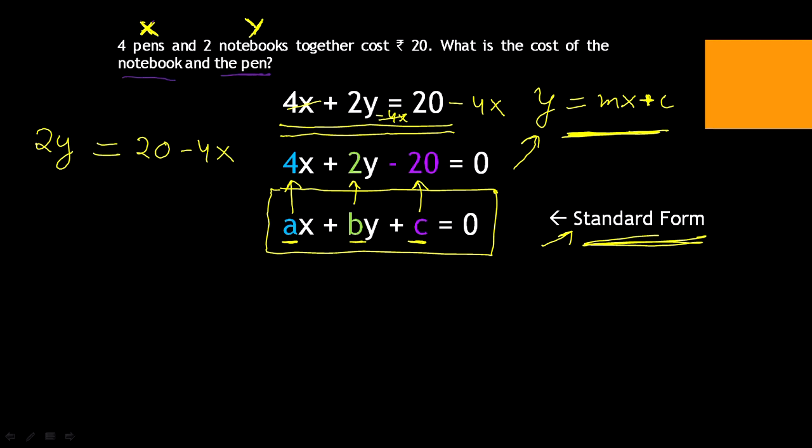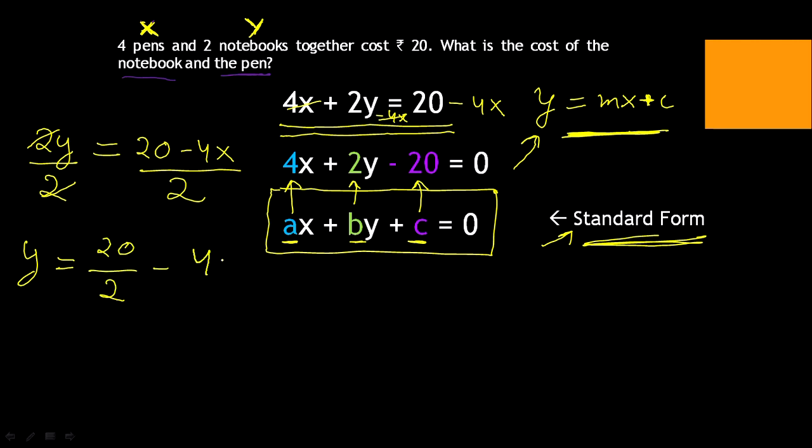And so I can shift this 2 to that side also by dividing both sides by 2. 2 and 2 cancel. I'm left with y equals 20 upon 2 minus 4x upon 2, and finally I get y equals 10 minus 4x.